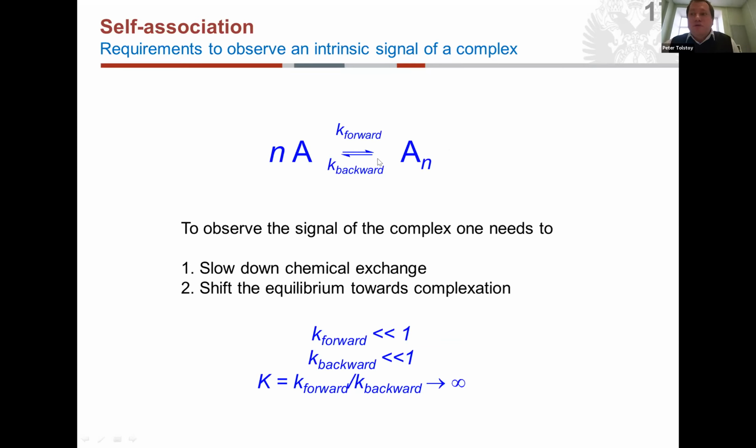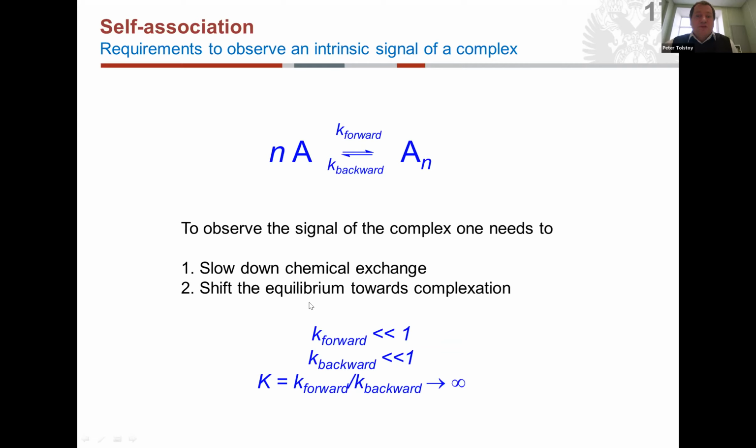First of all, to slow down the exchange between the monomers and the aggregates. So I would like to decrease both the forward and the backward reaction constants. And also, I would like to shift the equilibrium as much as I can towards complexation, so my whole data will come from self-associates.